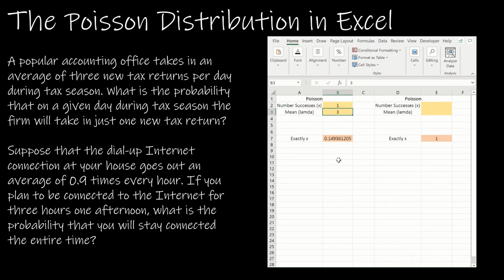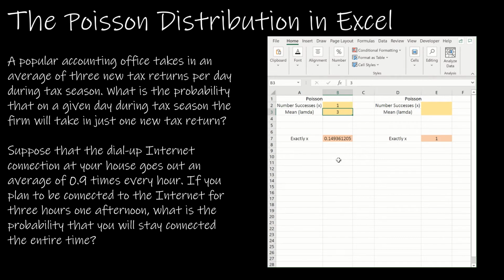For my second distribution, or second question, the dial-up internet connection at your house goes out an average of 0.9 times every hour. That's super annoying. If you plan to be connected to the internet for 3 hours one afternoon, what's the probability that you will stay connected the entire time? Okay, this one's a little bit harder.